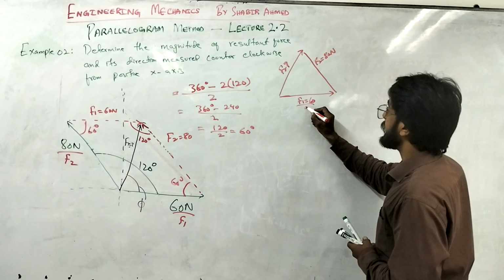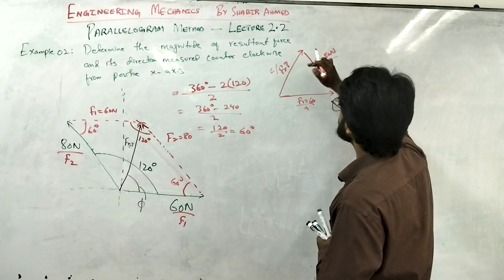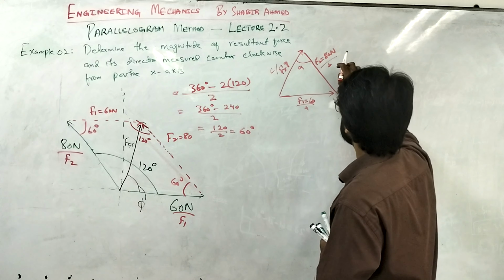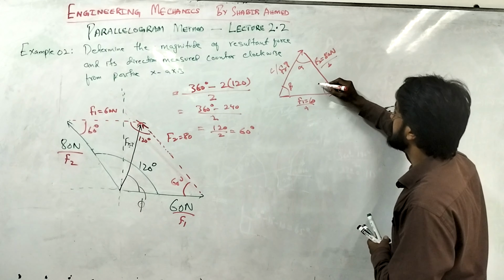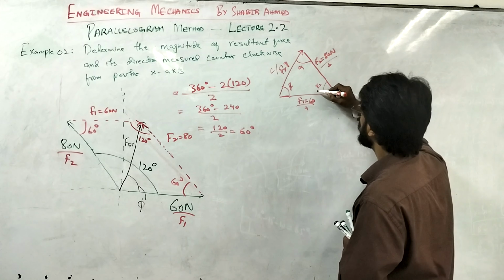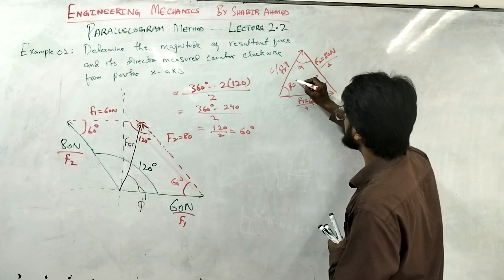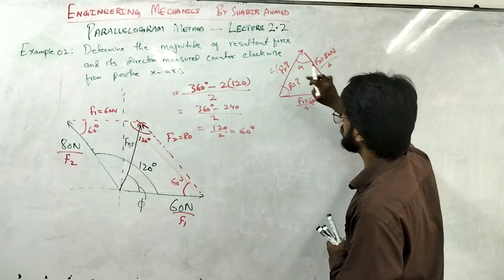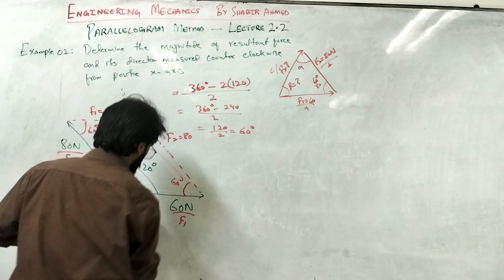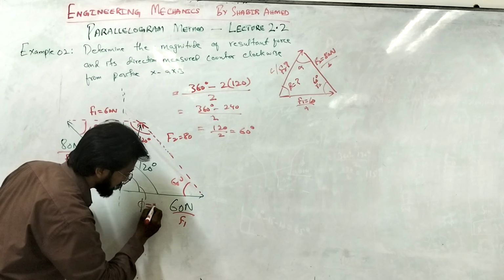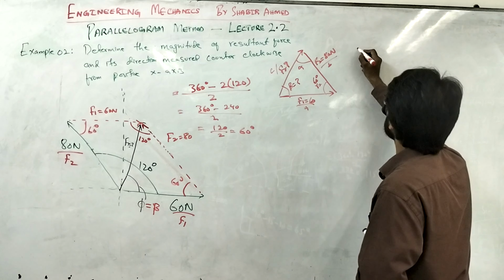If I call this A, this B, and this one C, then this angle will become alpha, this will be beta, opposite to B, and opposite to C will be gamma. We know the gamma value, which is 60 degree. We don't know these two values, but what we need is the magnitude of Fr, and then we need this beta, which is equal to our phi. So we are going to apply cosine law.